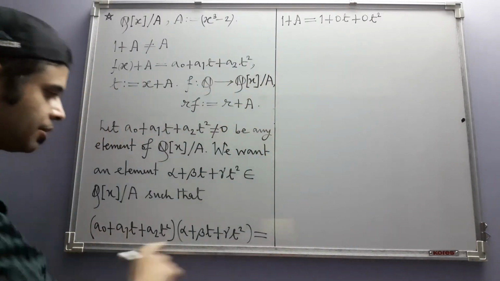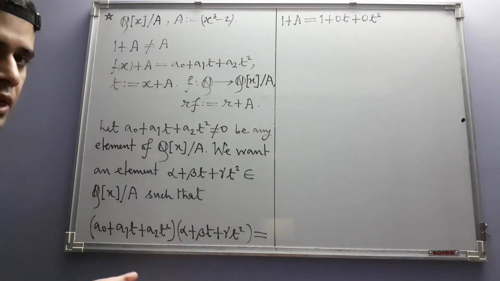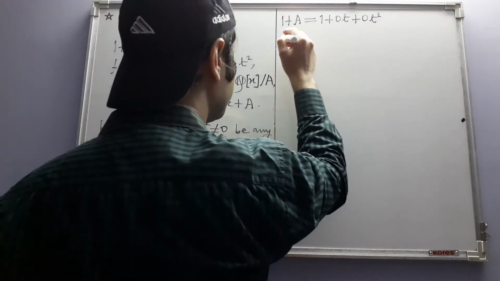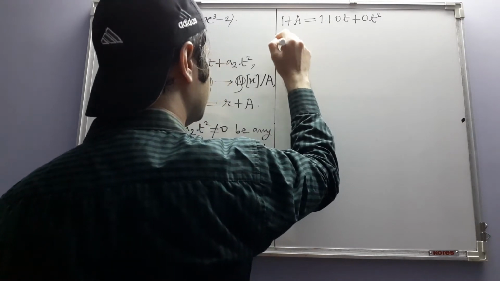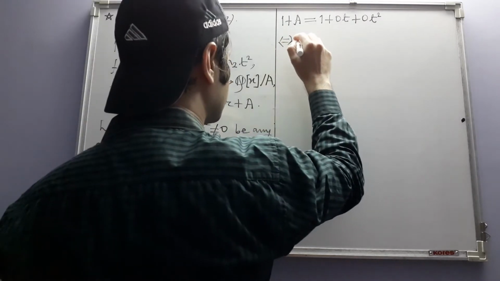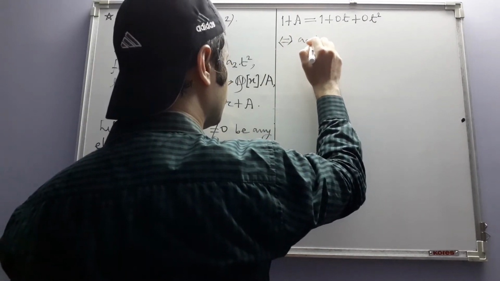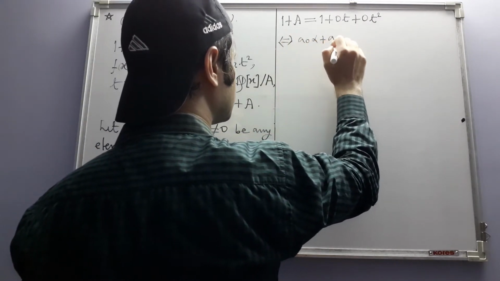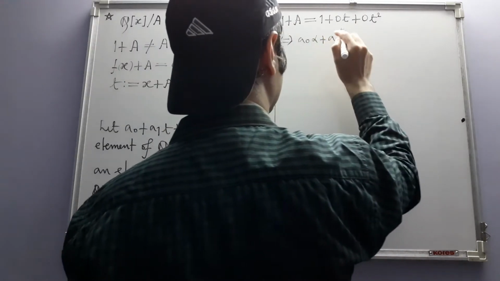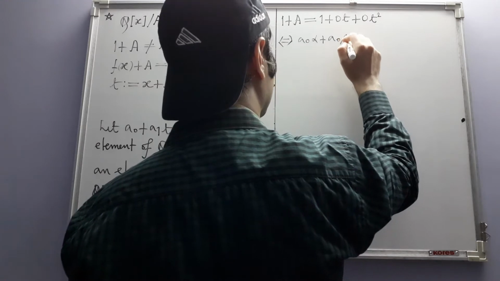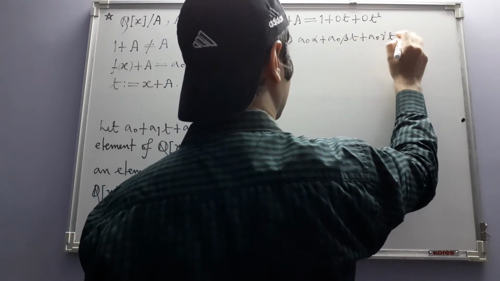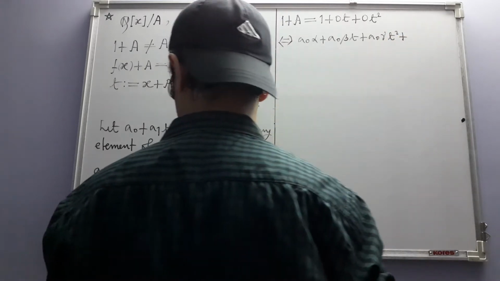However, we can simplify this and we find an equivalent condition in place of this equation. So what we do, we multiply the terms out. Doing so gives us a0 alpha plus a0 beta t plus a0 gamma t square.